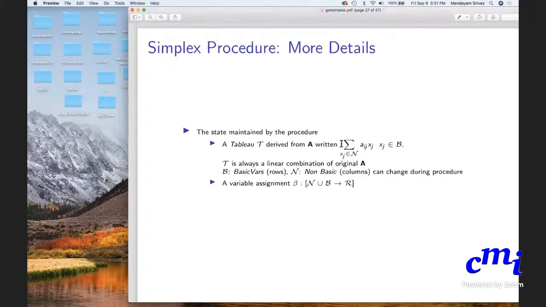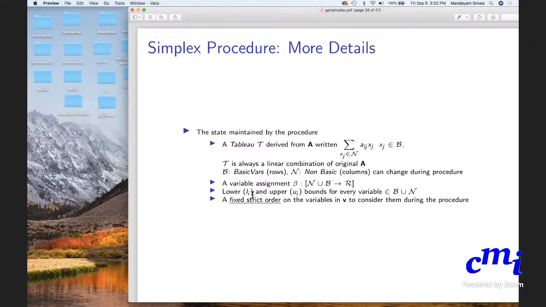set of variables. Okay, and then another component of the state that the simplex procedure maintains is a variable assignment to all the variables in N as well as B, which gets updated as well.